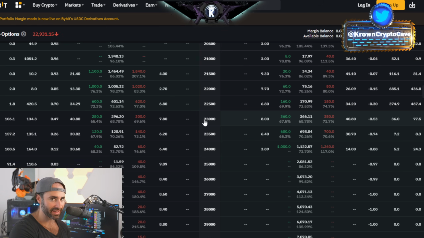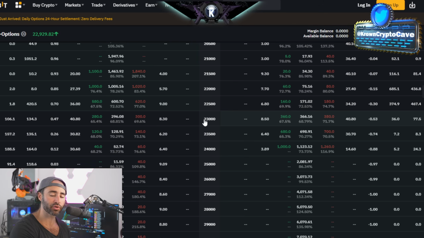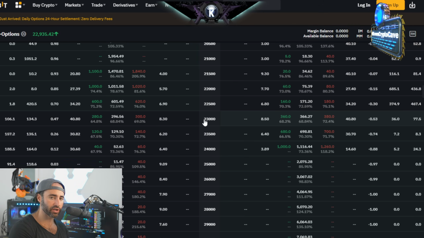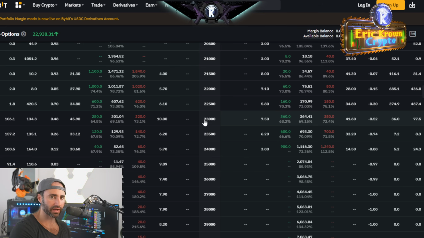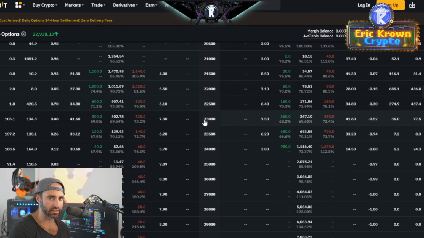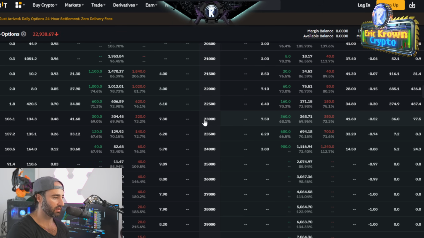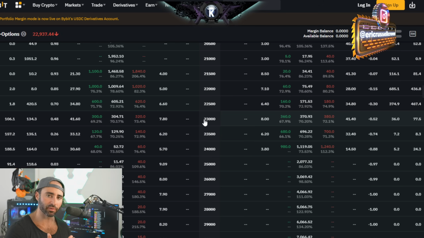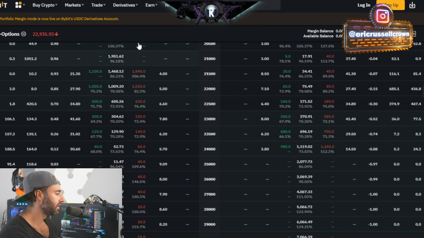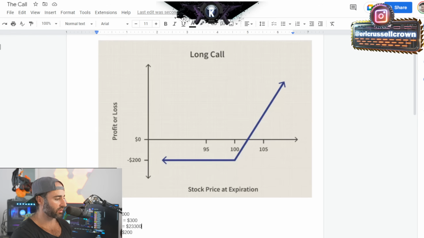That is also to say, once price action goes above 23,300 by expiration, you will then make an equal amount for every contract for every dollar above the premium plus strike price. So if price closes at 23,301, you'd make $1 if you hold one contract. Okay, so there we have it right there.